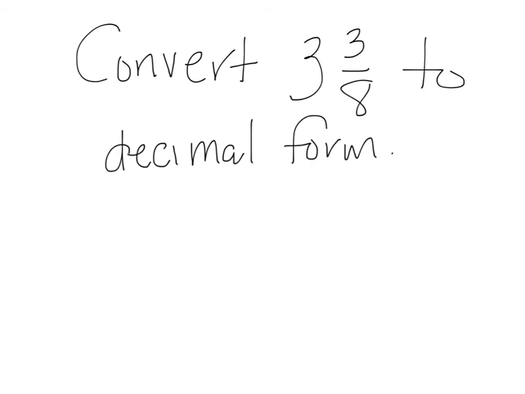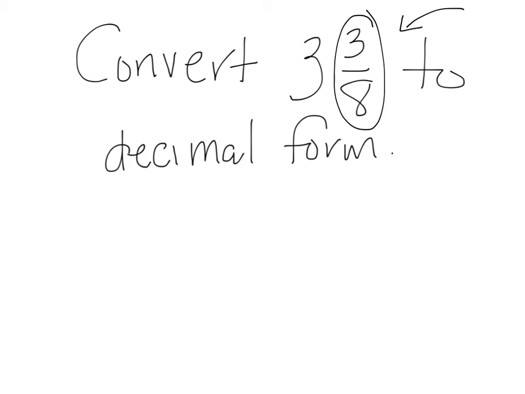All right? Hey, here is a mixed number, 3 3/8. Well, you could just convert the fraction 3/8, and it would be 3 point whatever 3/8 is as a decimal. Let's go ahead and change this to an improper fraction and then take it from there.